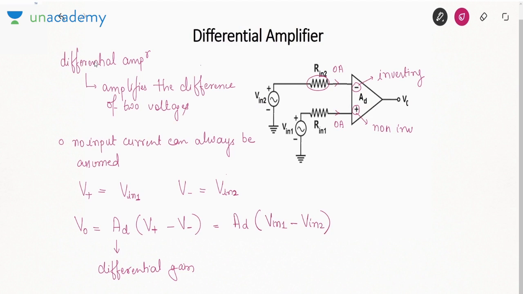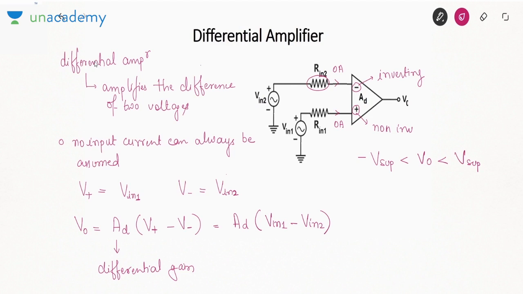But as I have told you, the value of V0 should always lie between the two supply voltages, minus V supply and plus V supply. It can never exceed the supply voltage. So you always have to check after finding the output whether or not it is exceeding the supply voltage.